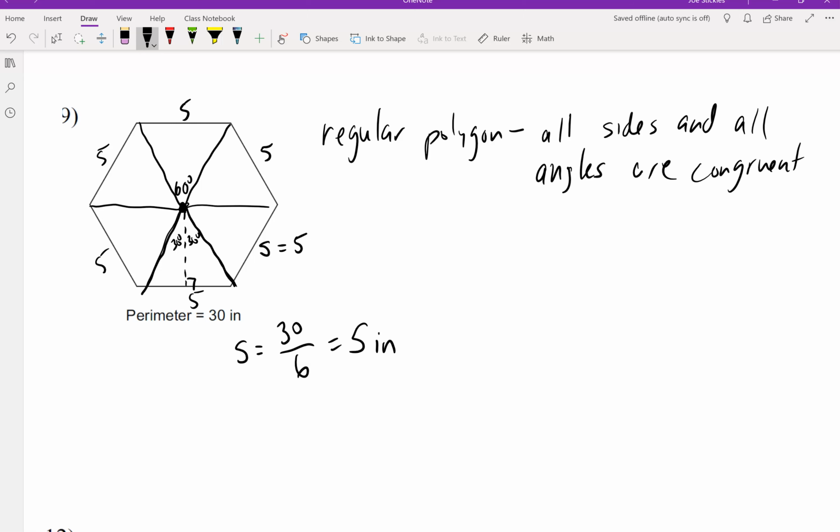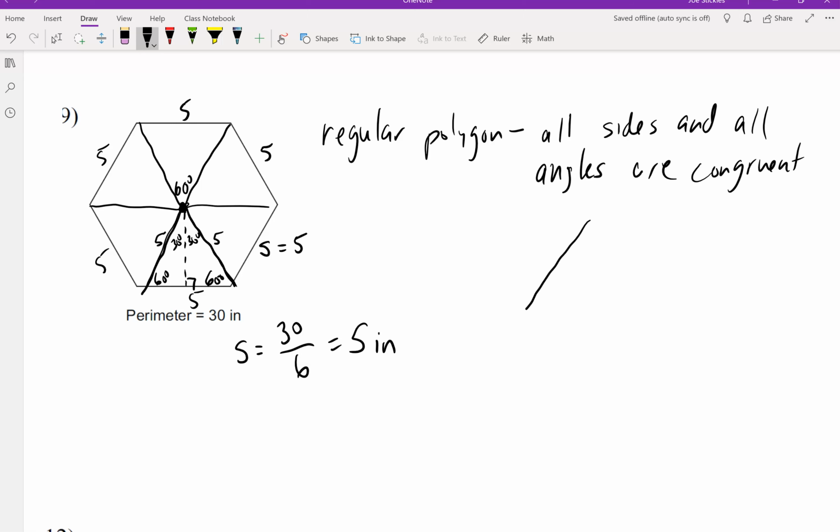And since this is a right angle here, I know that this is 60. And of course, this is also 60. All right, in particular, we now notice that we've got a 60, 60, 60 big triangle, which means that it's equilateral. So we know that the length of each of these sides is also 5.